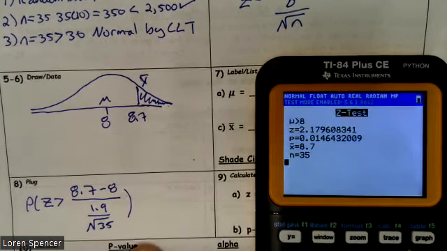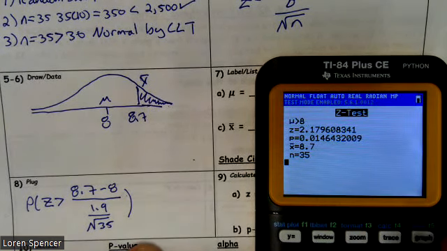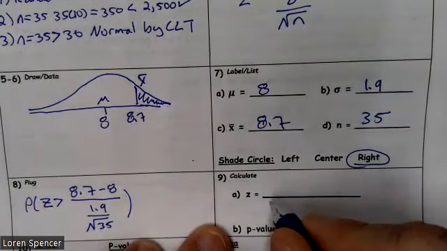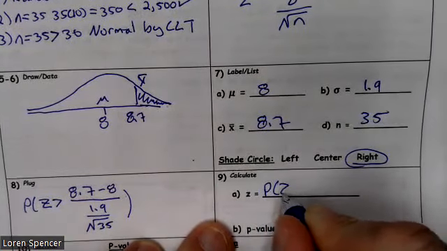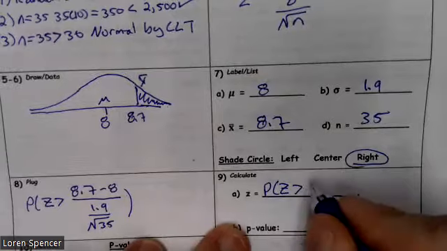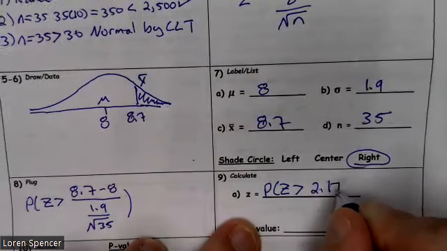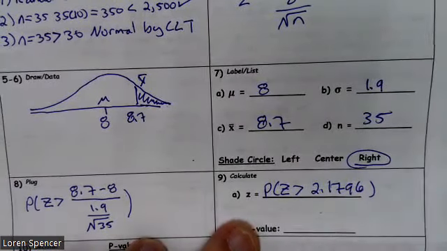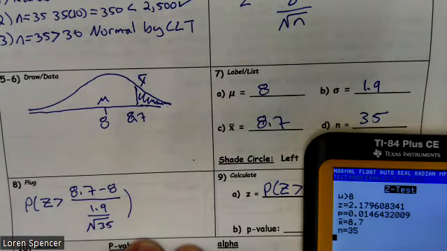We press calculate, and we get a Z-score of 2.1796. So we want the probability that Z is greater than 2.1796, and that probability happens to be 0.0146.